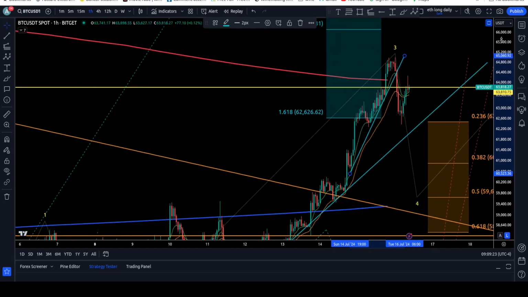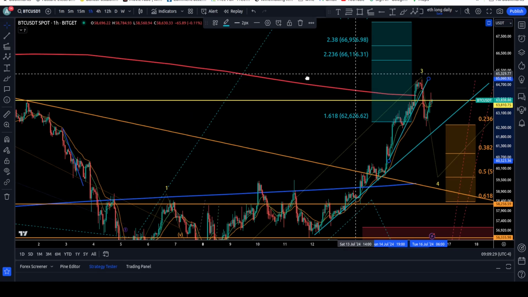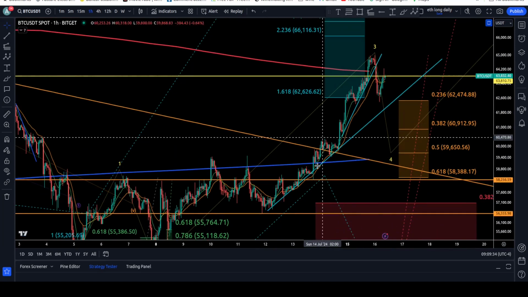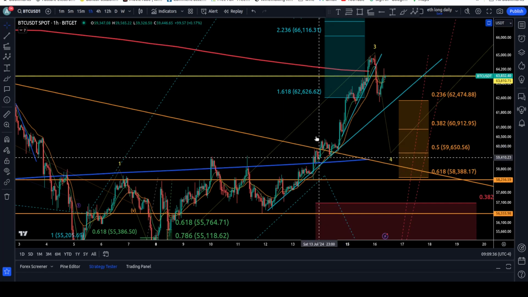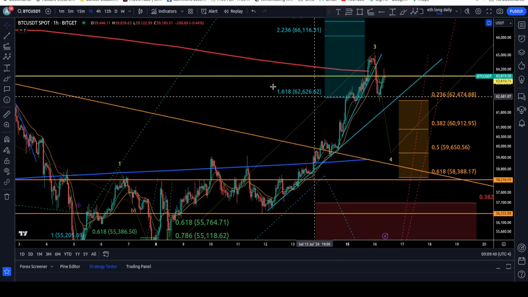Now I made a couple of videos and I was talking with so many friends that I am unsure if I said it. I think I did say it, that when we're going here, I would love to see the price break, maybe do a retest and go higher and possibly reach the 1.618.